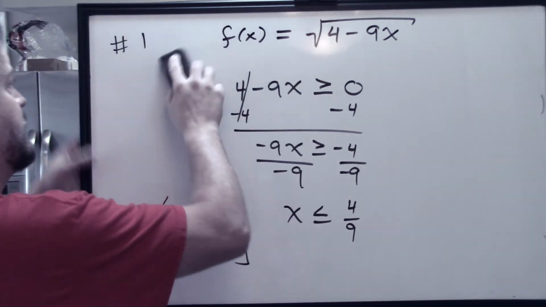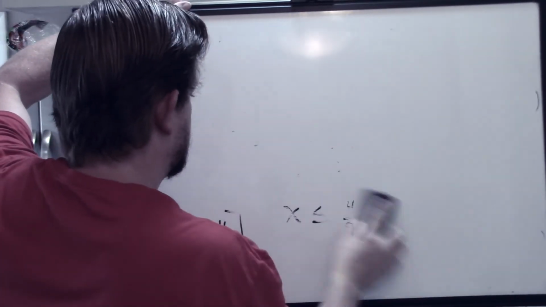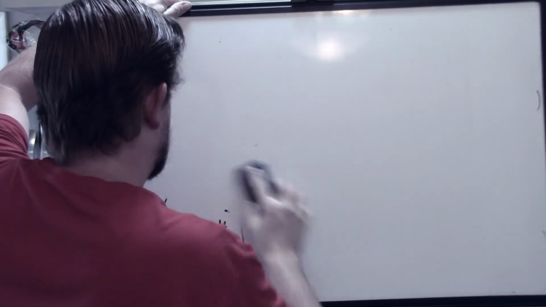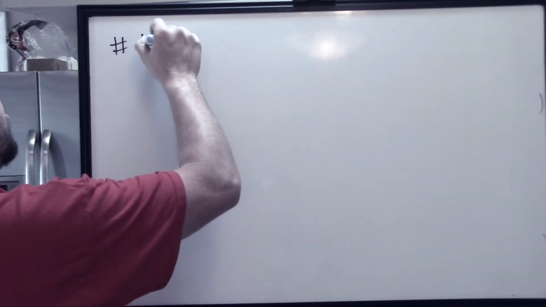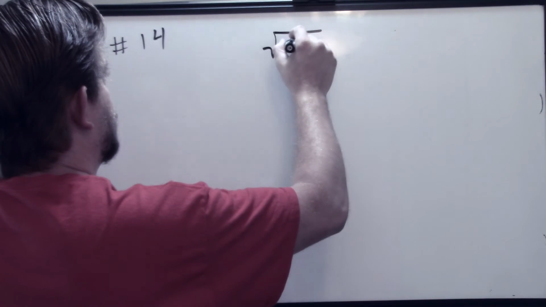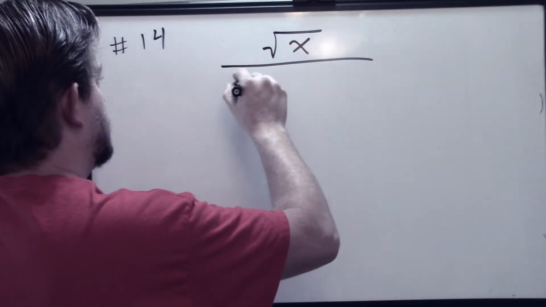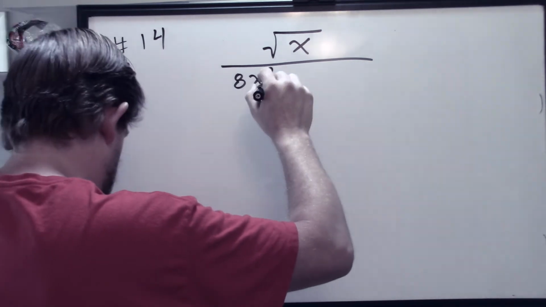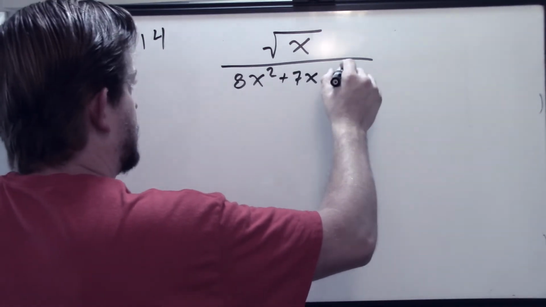All right, and then the last one was the most requested one. It's number 14. So number 14 also is a domain problem, but here I have the square root of x over 8x squared plus 7x and then minus 1.